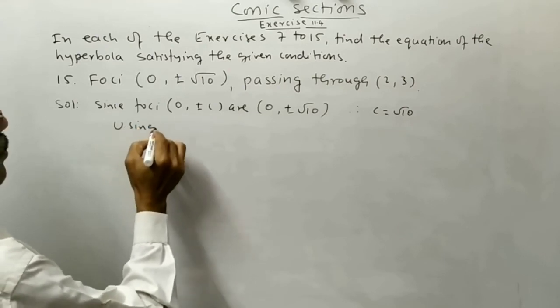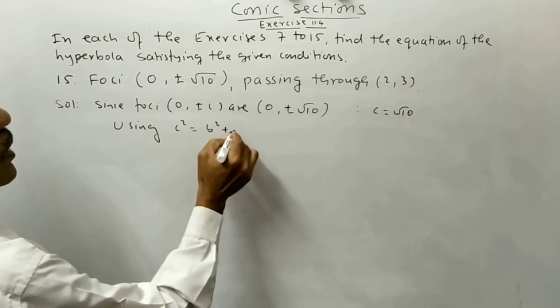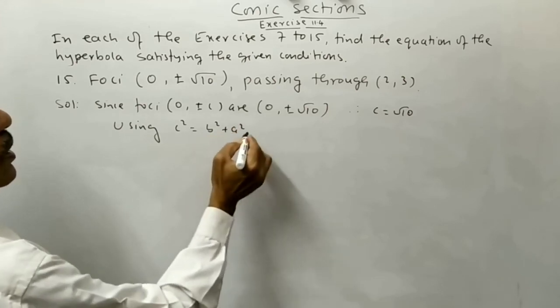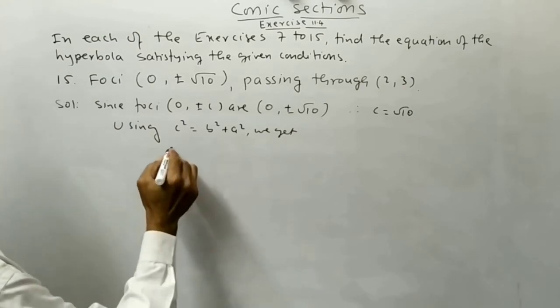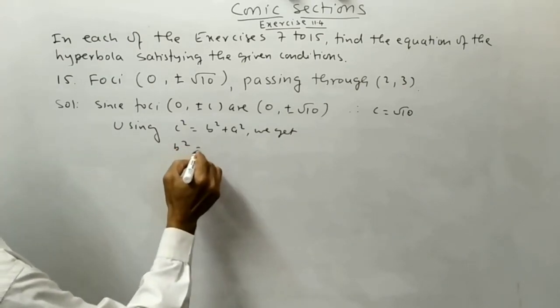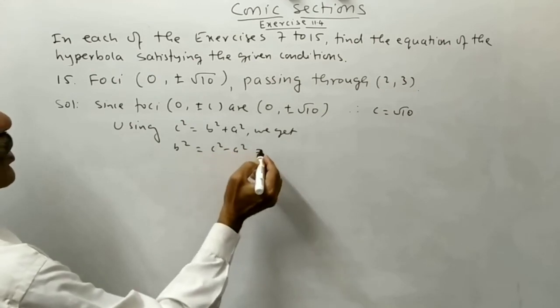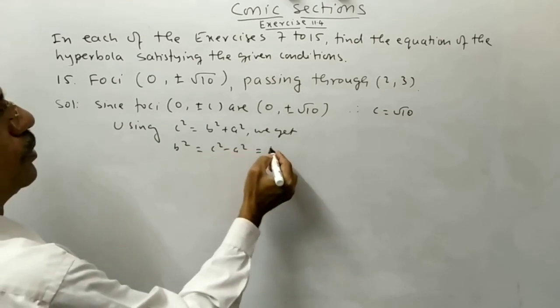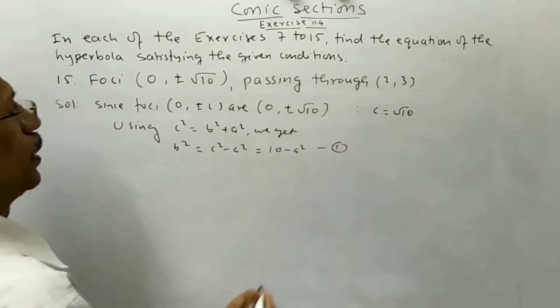Using c square is equal to b square plus a square, we get b square is equal to c square minus a square, which is equal to 10 minus a square. Say number 1.